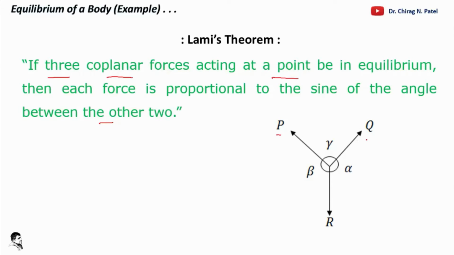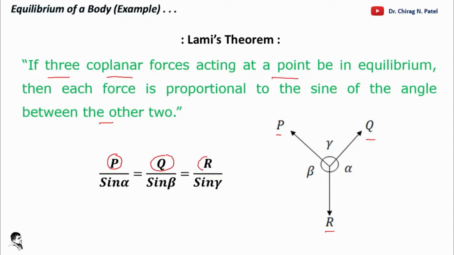So here we have forces P, Q and R, and these are all coplanar forces, and the angles between them are alpha, beta and gamma. To resolve this we need to know a single force, either P, Q or R, and any angle.